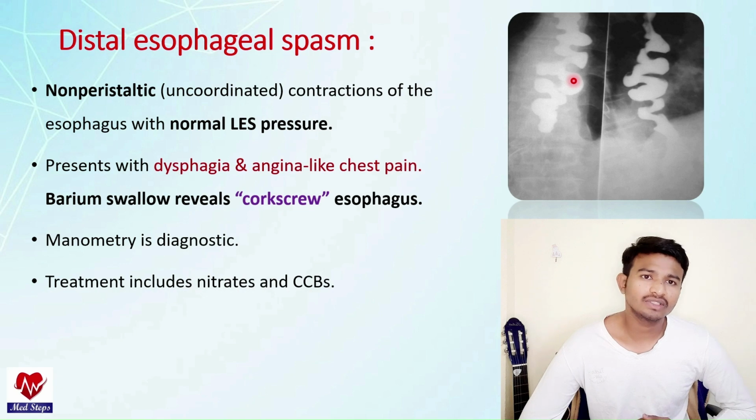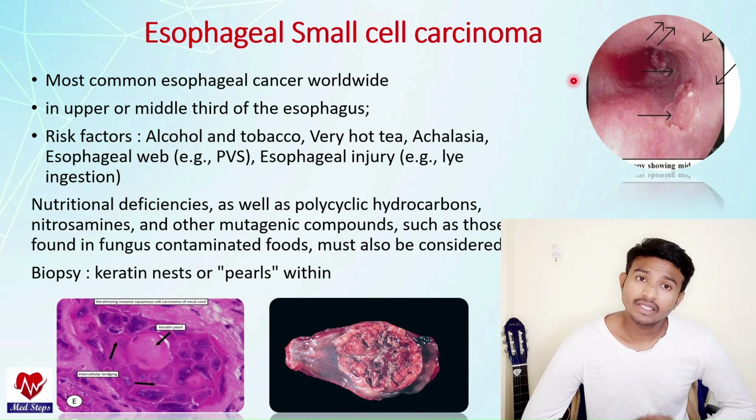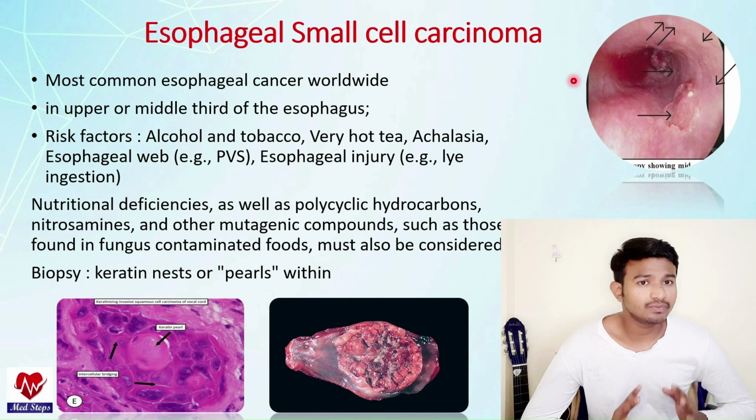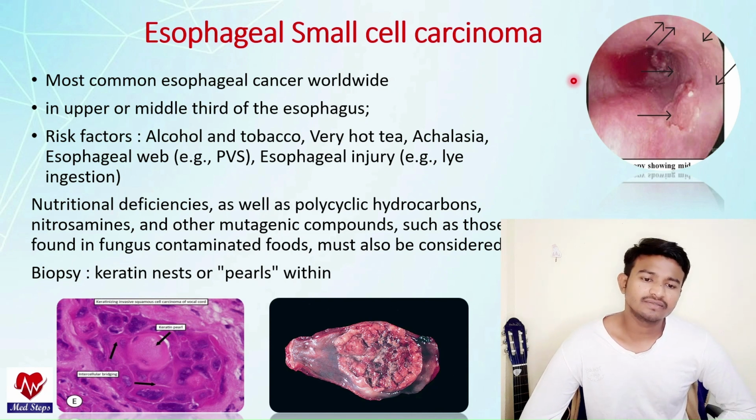Next we are going to see esophageal cancer. Esophageal cancer is divided into two parts, like small cell carcinoma and adenocarcinoma. Small cell carcinoma is the most common worldwide. This cancer is caused in the upper and middle part of the esophagus.